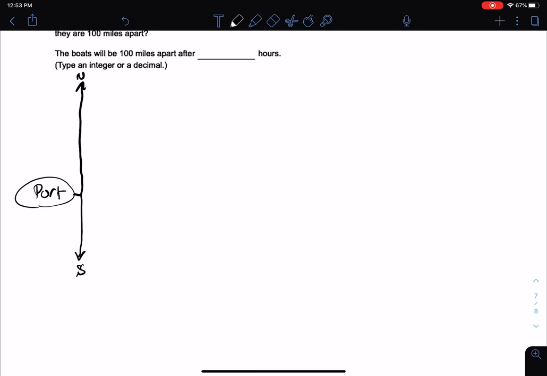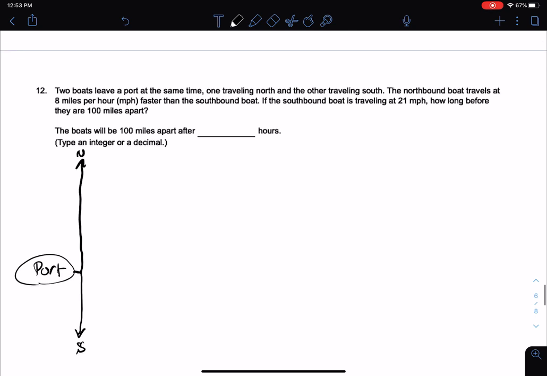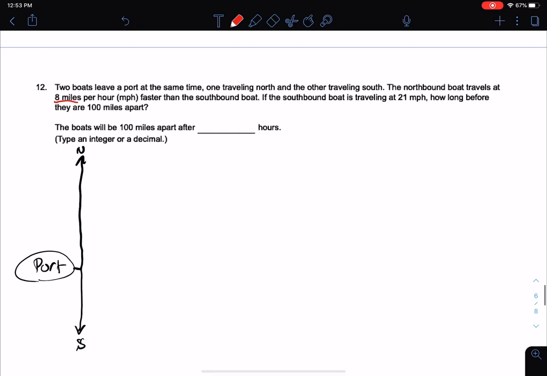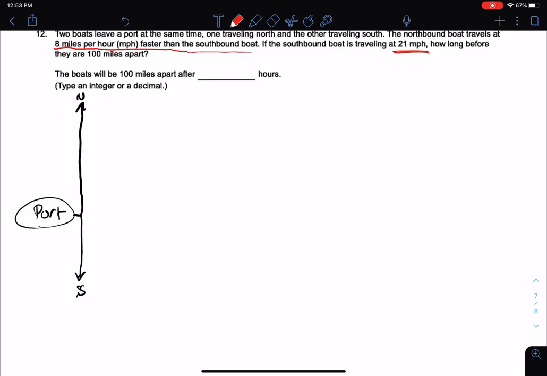The difference on this problem is, let's see, let's start to get some of the data. The northbound boat travels at 8 miles per hour faster. So remember rate, we're using red, so let's continue with that. Faster than the southbound boat. If the southbound boat is traveling 21 miles, well, they tell us, okay, that's different.